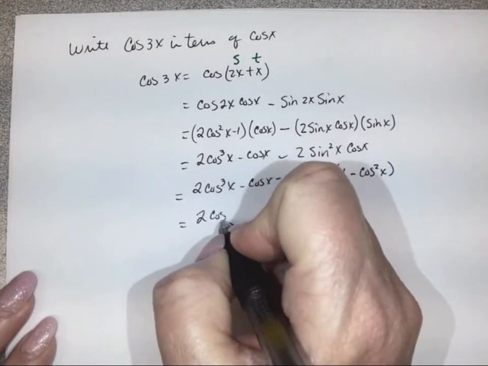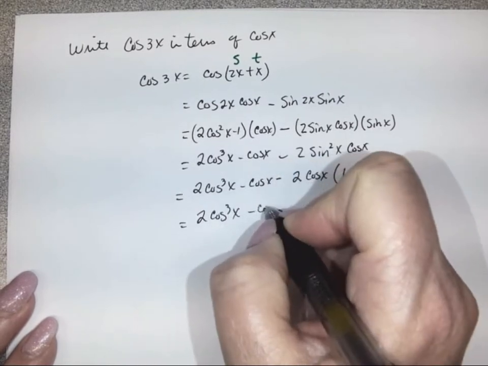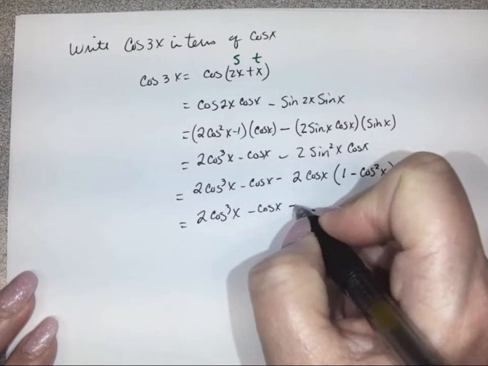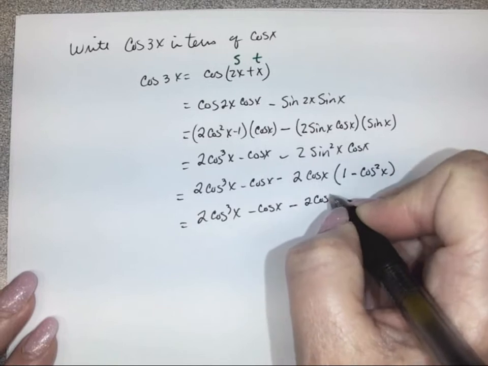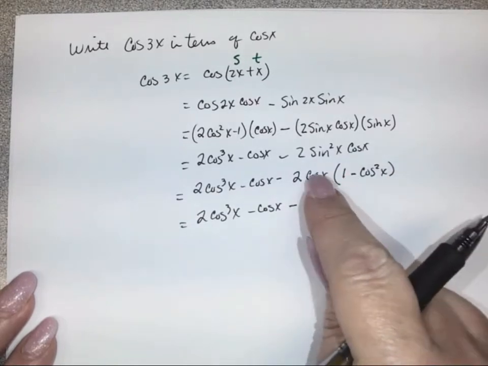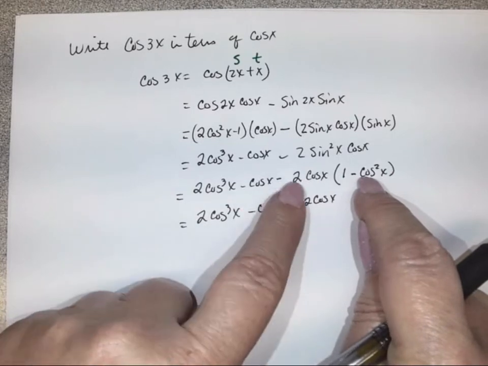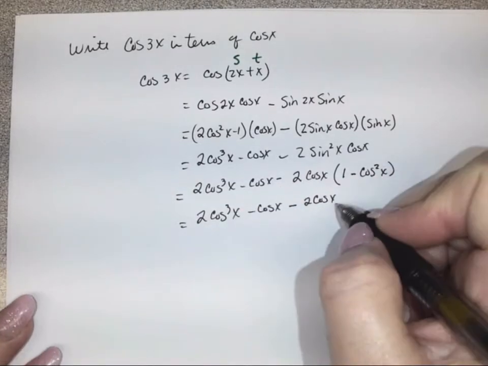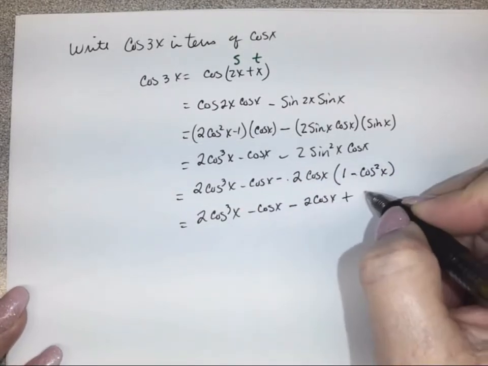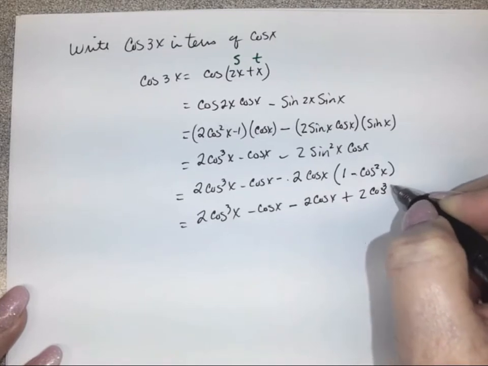So 2 times cosine cubed x minus cosine x minus 2 times cosine x, because that's times 1, and cosine times cosine will get me cosine cubed, but I also have to multiply by the 2. And negative times a negative will make that positive 2 cosine cubed x.